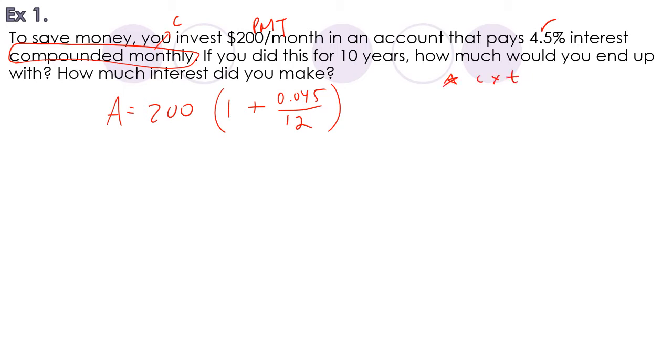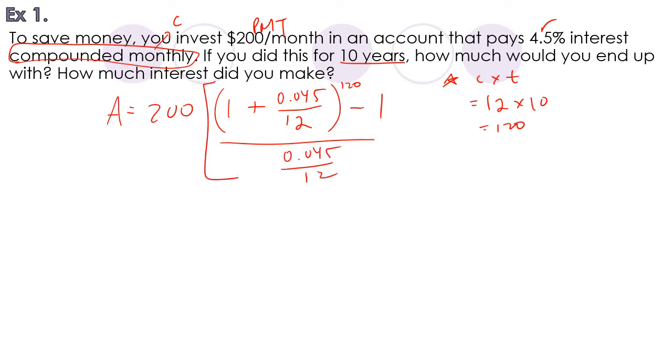C times T just to show you. 12 times 10 years. 120. 120 makes sense. If I'm making a deposit or I'm investing every month for 10 years, that's 120 months. Minus 1 all over 0.045 over 12, all in square brackets.